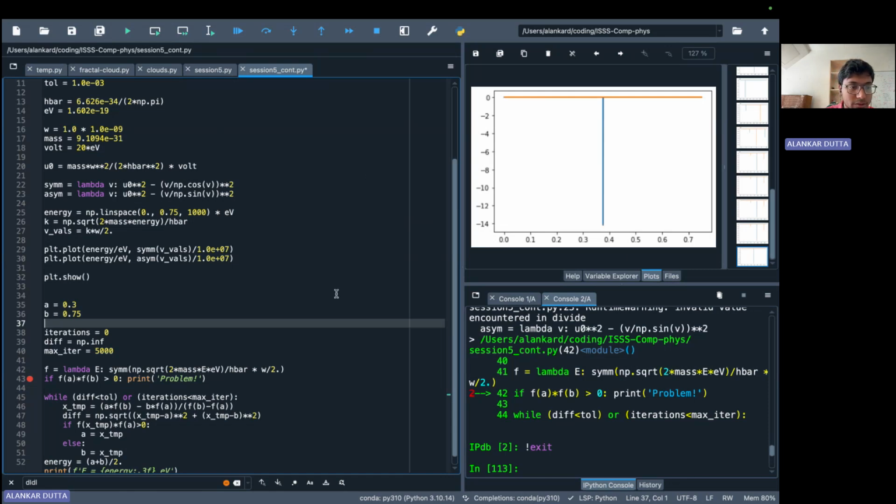Okay. So what we are going to do is we look at the range and find out the first negative quantity or something like that.